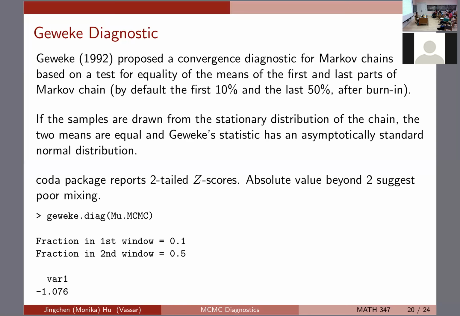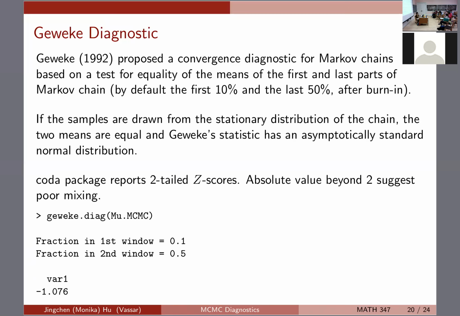If the chain is mixing well, after the burn-in, if you take the first 10% of all of the draws and the last 50% of all of the draws, and compare the means, what they did here is just a two-tailed z-score, like a two-sample test in the frequentist sense. They're looking at the first 10% and the last 50% and testing whether the means are significantly different from each other. So that's what the Geweke diagnostic is doing.